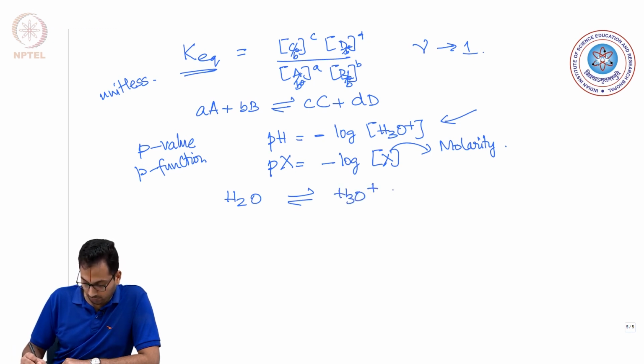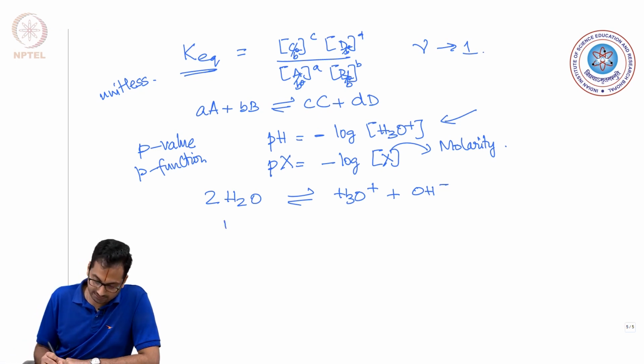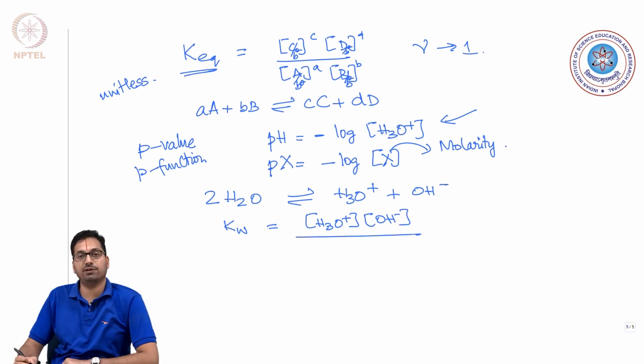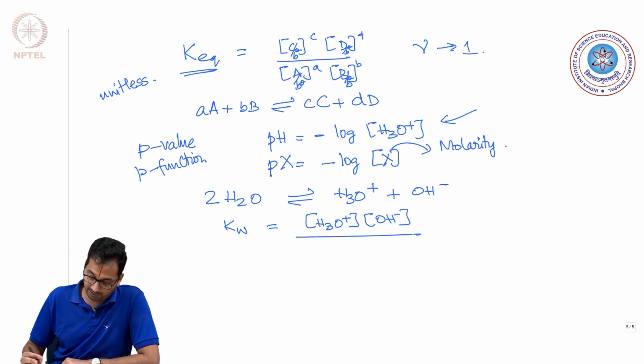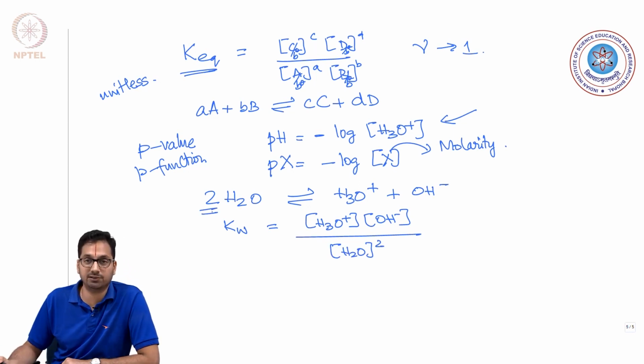So, 2 molecules of water are going to end up breaking into the hydronium ion and the hydroxide ion. For such a process, Kw is going to be given by [H3O+][OH-], the product of the concentrations of the hydronium ion and the hydroxide ion, divided by the concentration of water squared, because the coefficient for water here is 2.